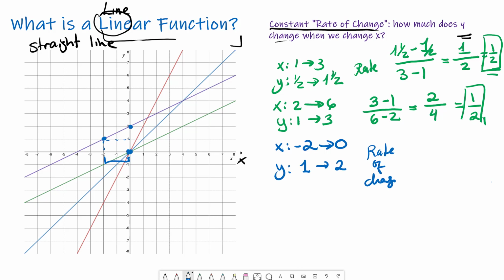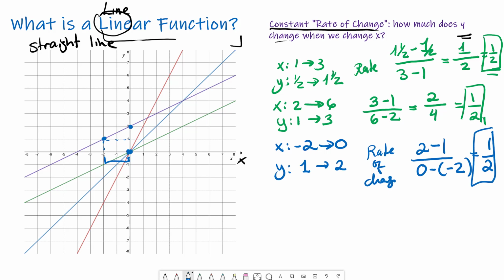The change in y is 2 minus 1, while the change in x is 0 minus negative 2. As a reminder, when we subtract a negative number from another number, we do minus minus, which ends up being plus. So we have 2 minus 1 is 1, and 0 minus negative 2 is just 2. So the rate of change for our purple line is also a half.